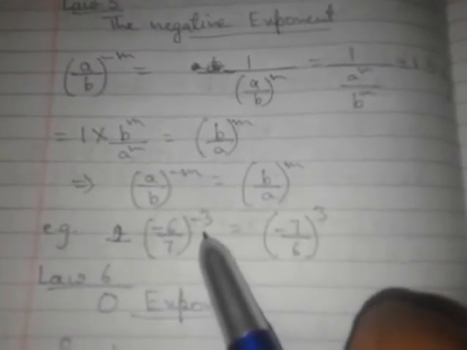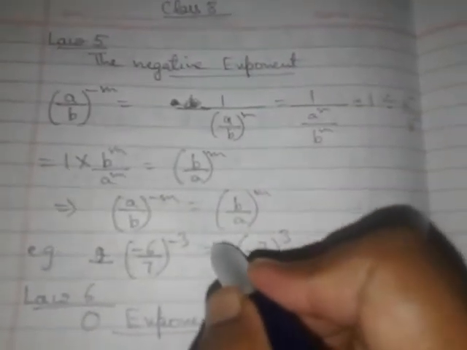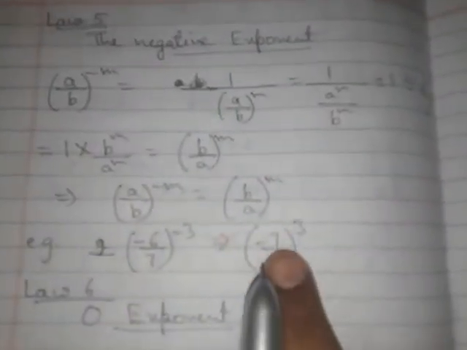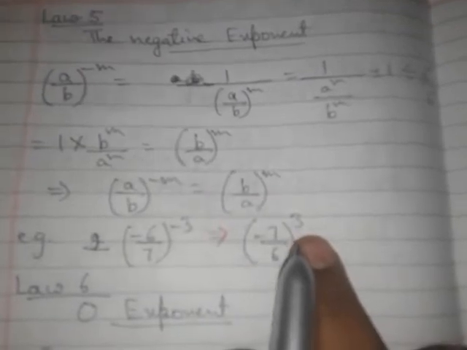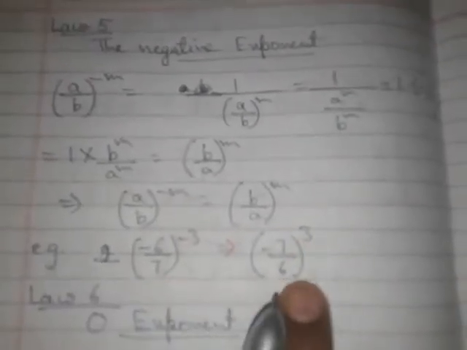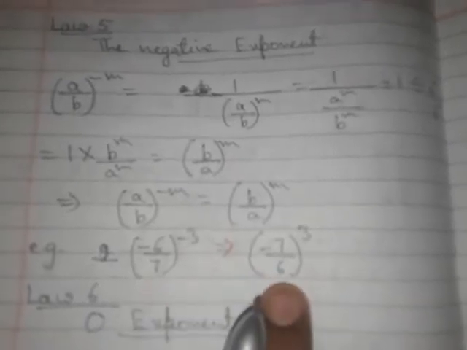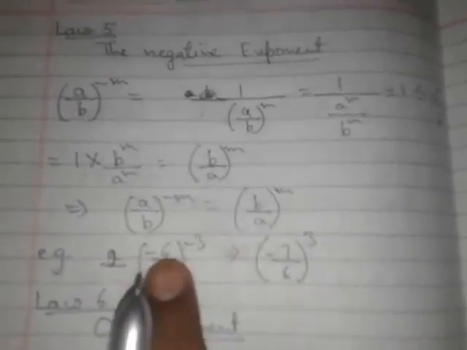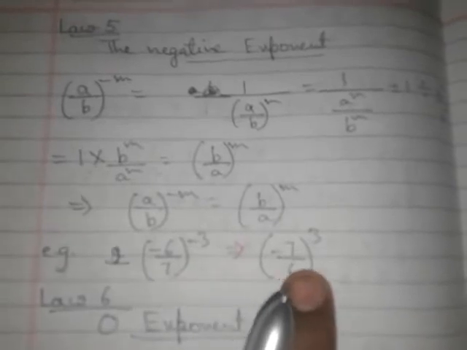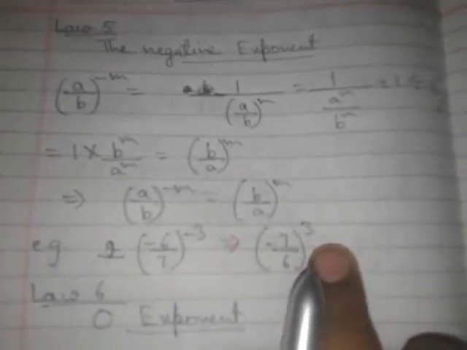For example, minus 6 upon 7 raised to the power minus 3 has the reciprocal minus 7 upon 6 to the power 3. They are both equal. This means minus 6 upon 7 raised to the power minus 3 is equal to minus 7 upon 6 raised to the power 3.